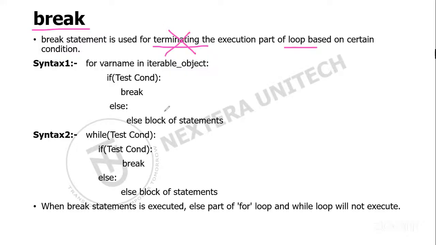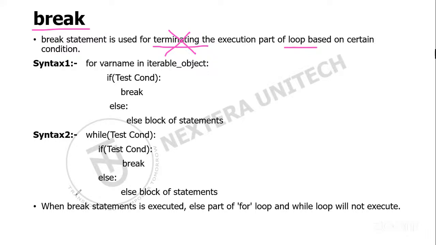Here is the syntax. Either you take it in a for loop or a while loop, I can use break in either. When the condition is met, obviously, it breaks. It terminates the loop.